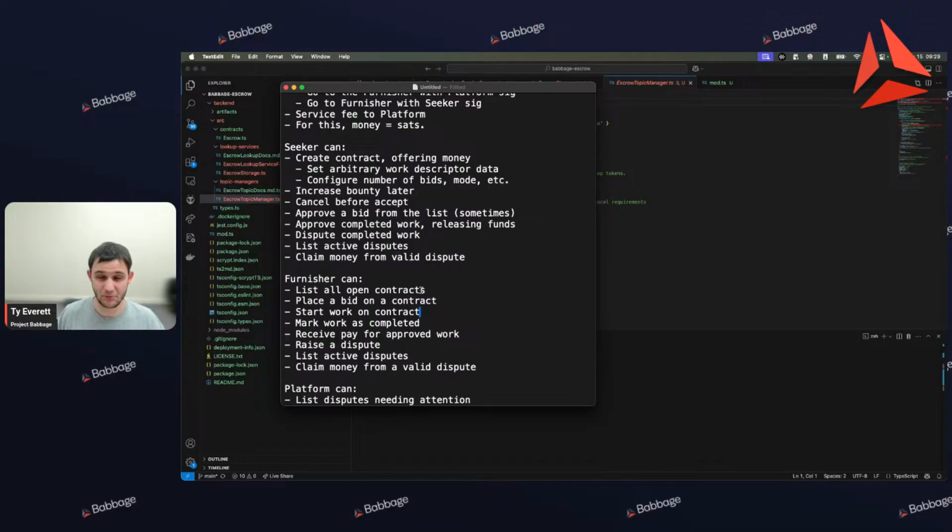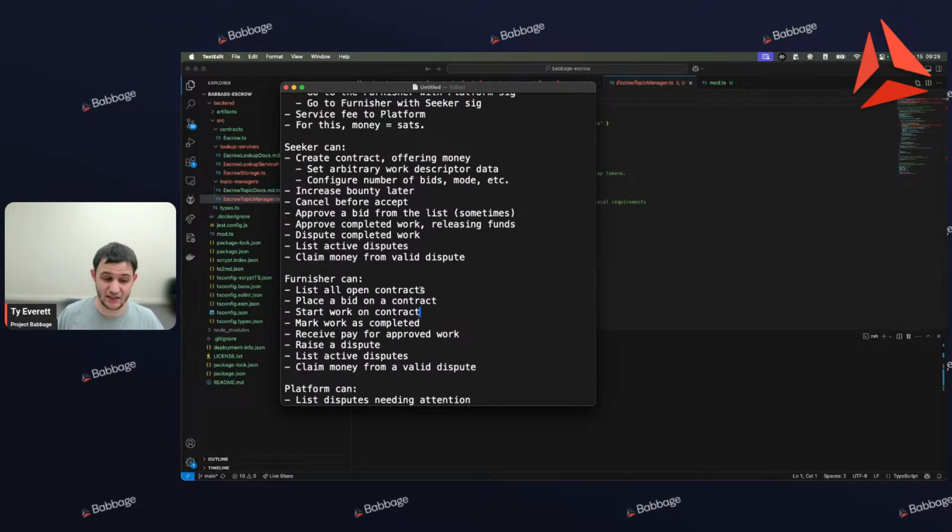Like we have an open predicate system. We have a way that anybody can pick up any work as long as it is approved by the person who started the contract, the original seeker of services. If that original seeker of services approves work, probably we don't need to think too much about that yet.